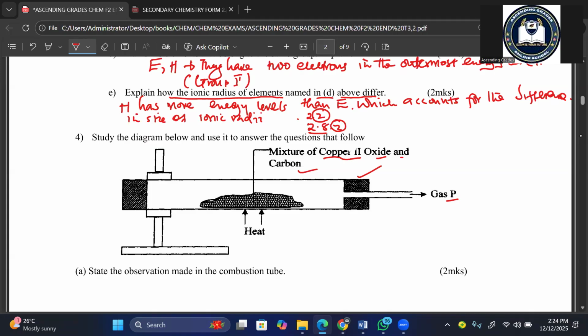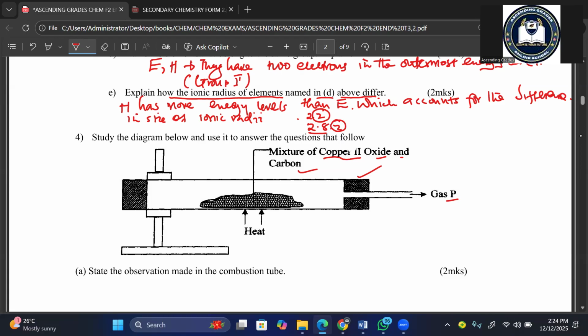So the moment you heat, carbon will act as a reducing agent in this case. Then it is going to snatch away the oxygen from the copper 2 oxide. So naturally, the copper 2 oxide is black in color.